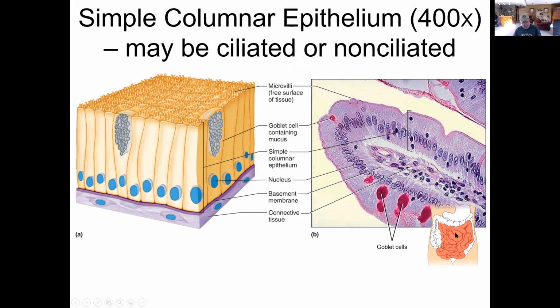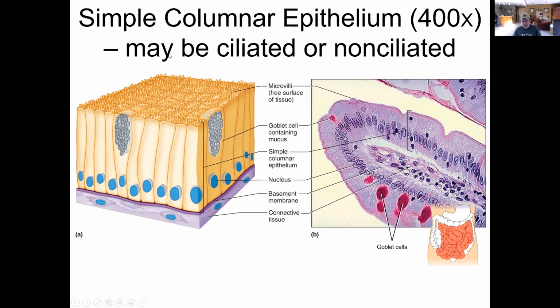So again, with regard to function, you could list, like you did with simple cuboidal, secretion and absorption and protection. But when we talk about simple columnar in the digestive system, specifically here in the small intestine, we have on the surface of these cells structures called microvilli.